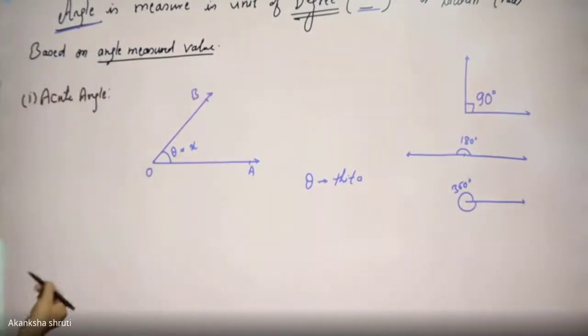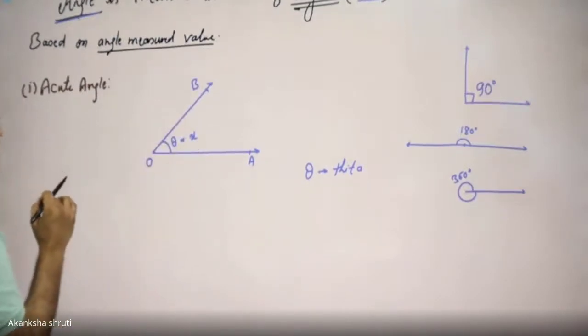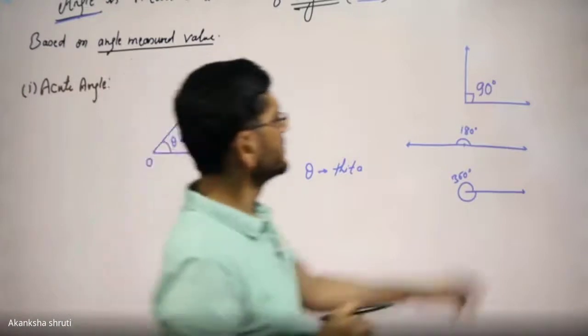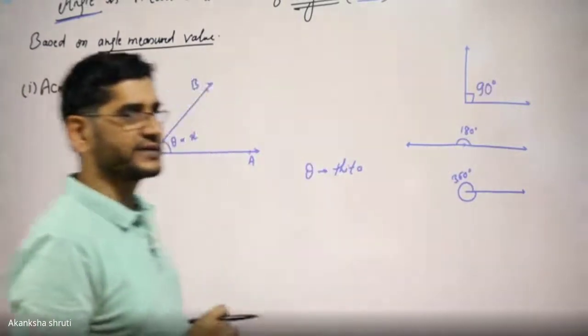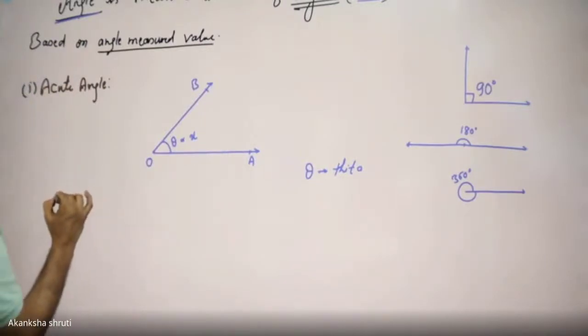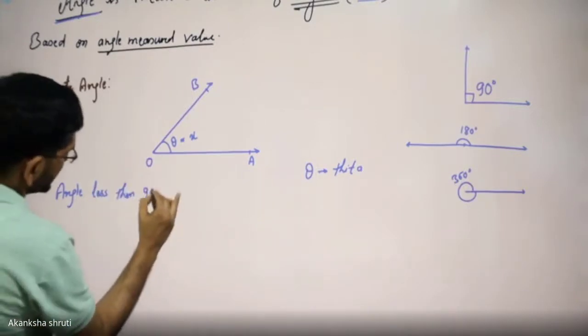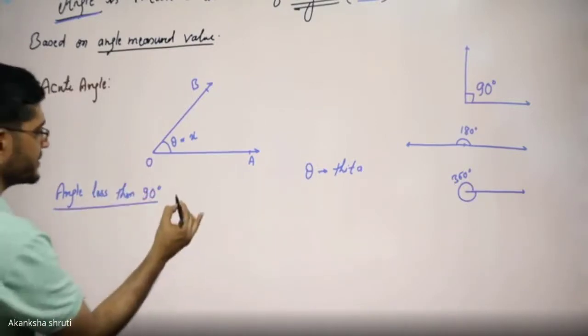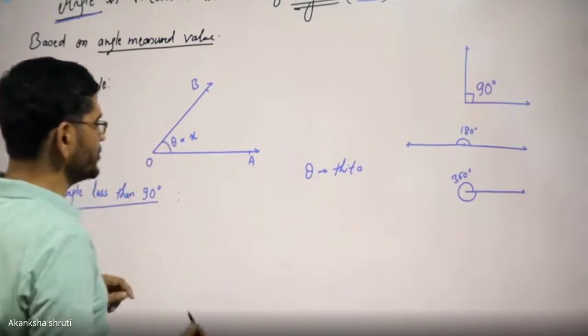So students, if the measured value of the angle is less than 90 degrees, then it is called an acute angle. So, angle less than 90 degrees. Mathematically, how can this be expressed? What will be the measurement value?